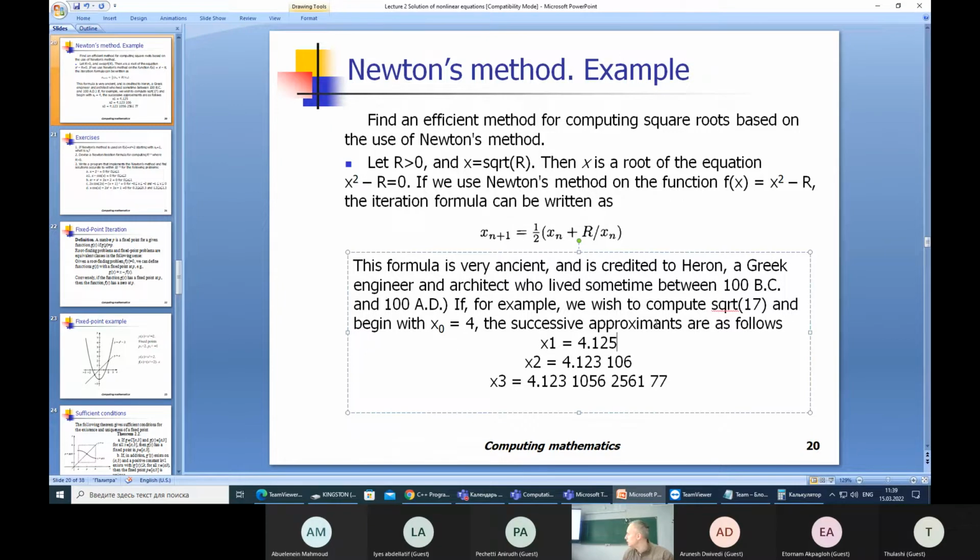After that, please take x1, 4.125, and substitute it into this formula and find x2.